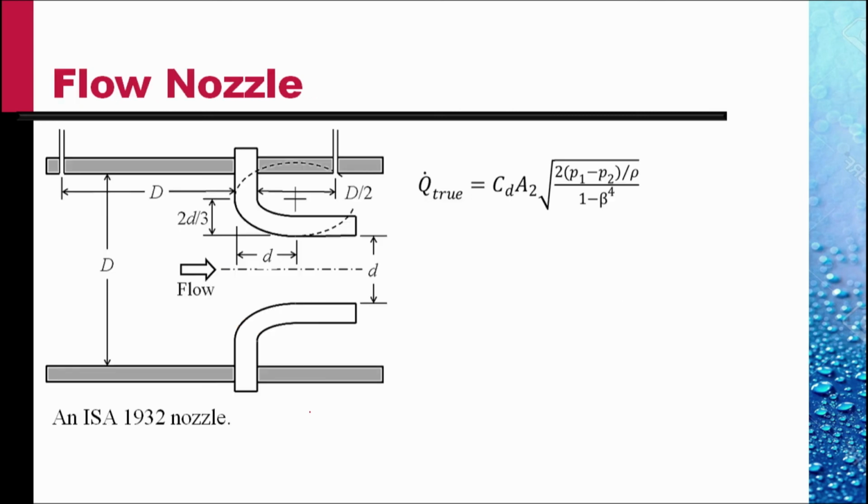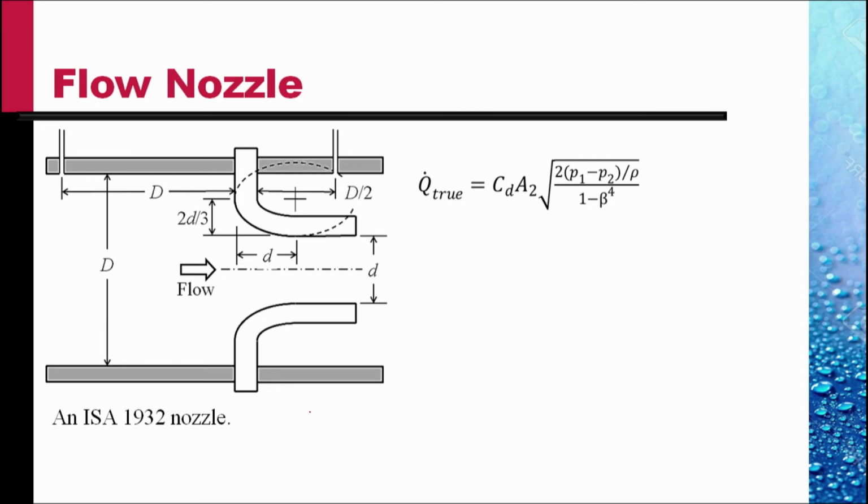Another variation of an orifice meter which makes it much better is what is called a flow nozzle. Given here are the specifications of an ISA 1932 nozzle. It just works on the same principle.